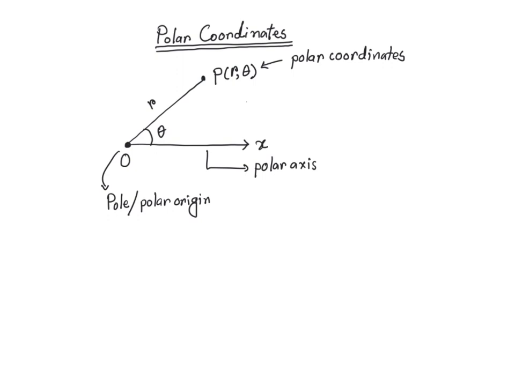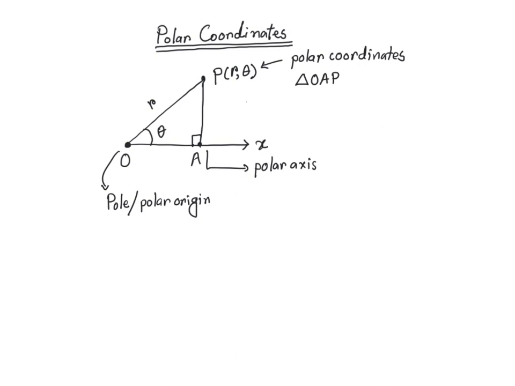Now, how do you go back and forth between polar coordinate system and our familiar xy plane or rectangular / Cartesian coordinate system? It's rather quite easy. So let's do this. Let's draw a vertical line right here, and let's call this point A. Now, if you look at the triangle OAP, this triangle is a right triangle, meaning this angle is 90 degrees.